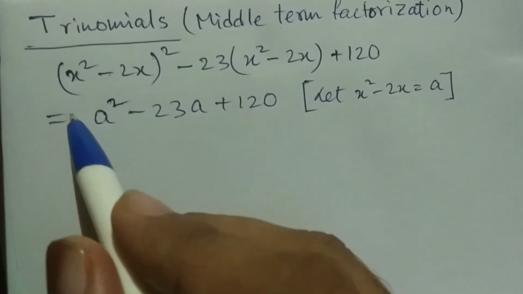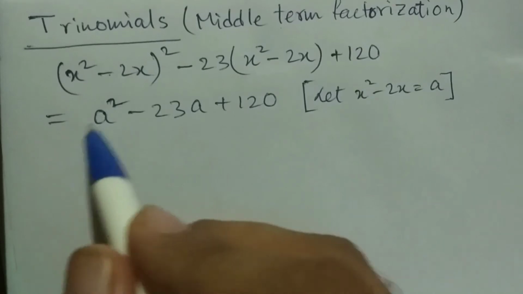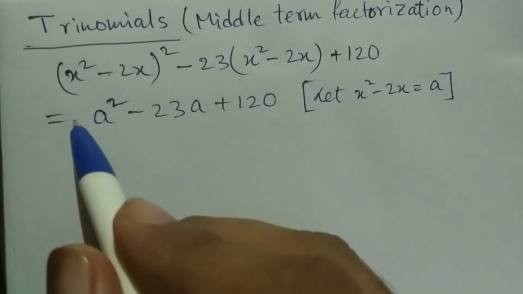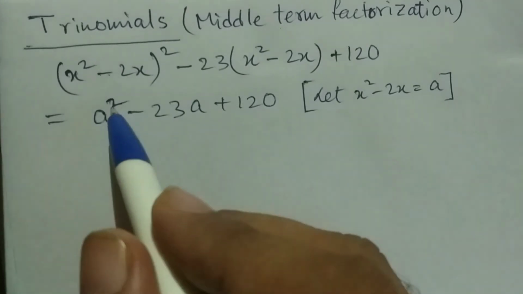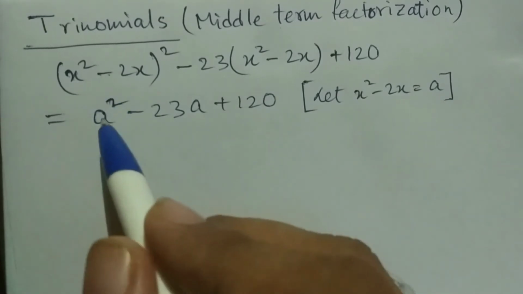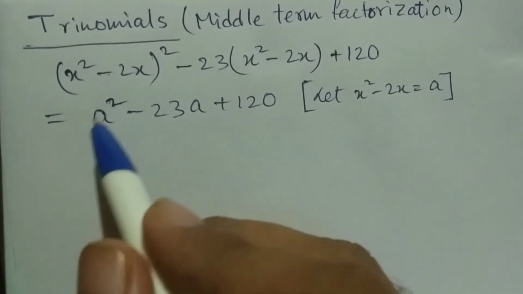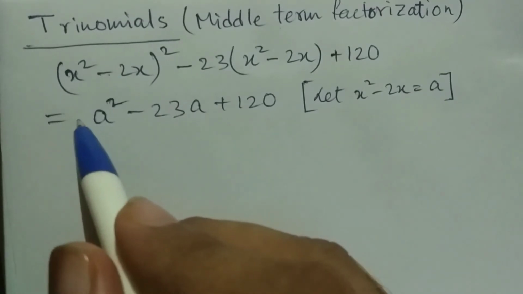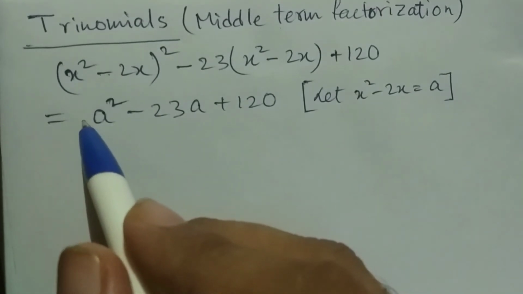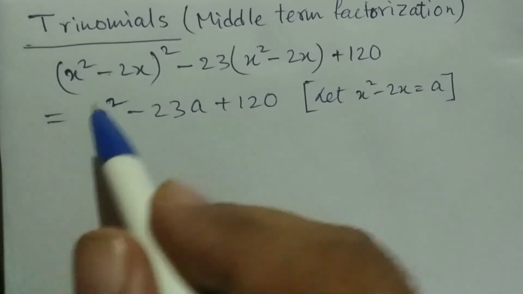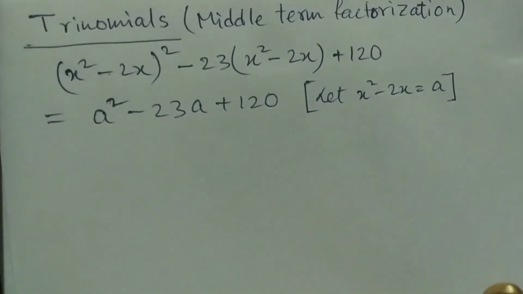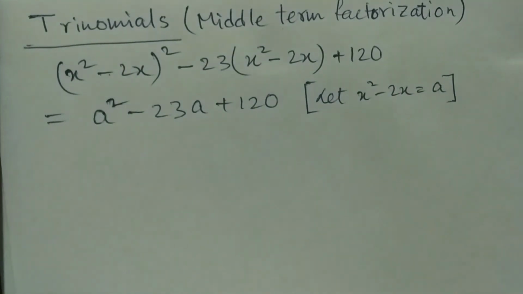If there is 2, then 2 will be the coefficient of 2a square, and if it is 4a square, then 4 will be the coefficient of a square. But here beside a square there is nothing, so we consider it as 1. So 1 into 120 means 120. Now we have to do the factor breakdown for 120.